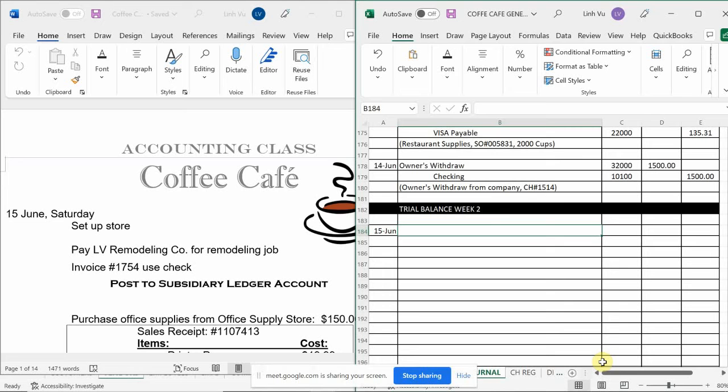Oh yeah, it said use check to pay. So I think it's an invoice we already received. So we are taking it out of accounts payable, and then we are using a check to pay it.